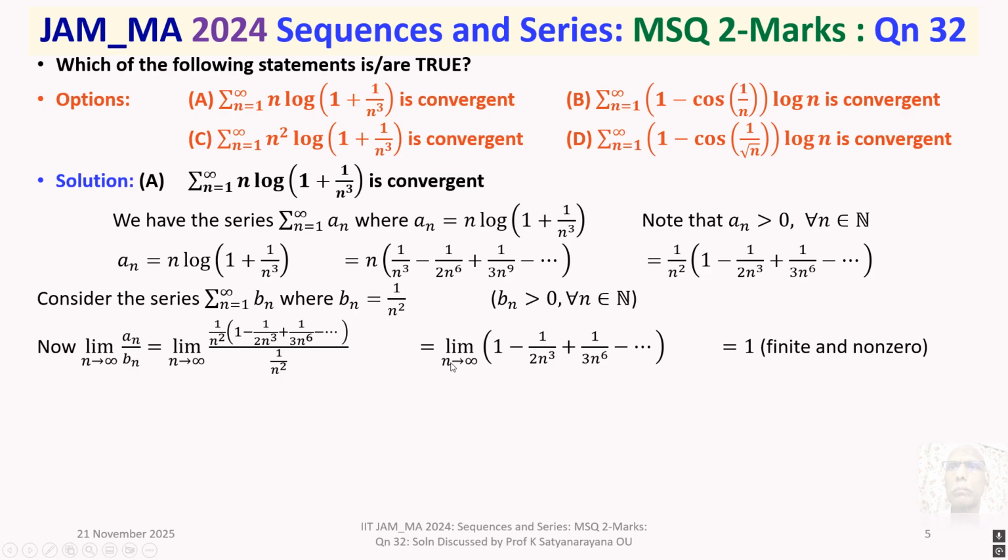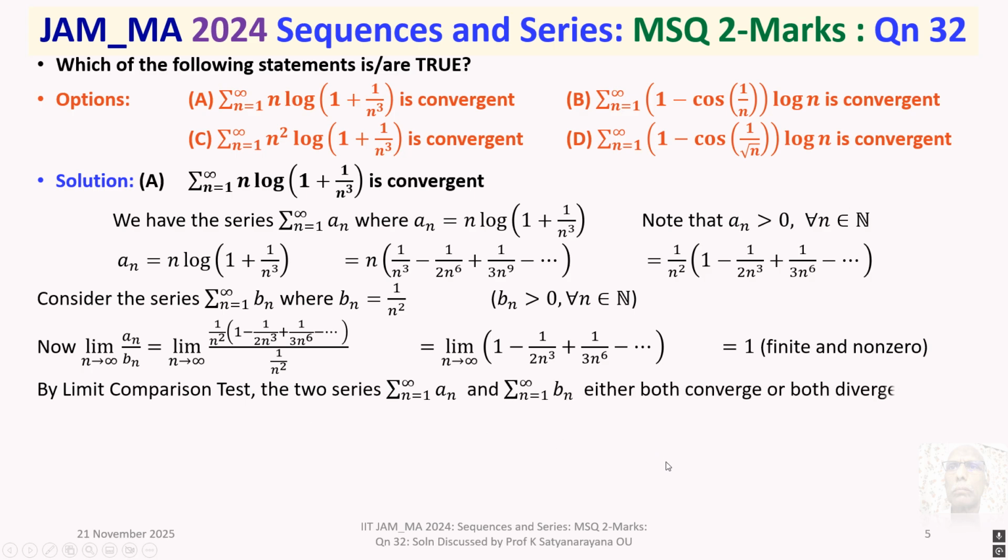After taking the limit, you will get 1, which is finite and non-zero. Therefore, by limit comparison test, the two series sigma an and sigma bn either both converge or both diverge. That means they behave alike.